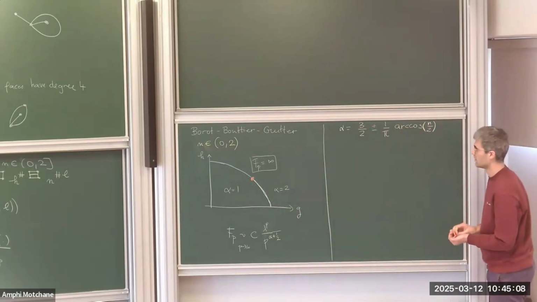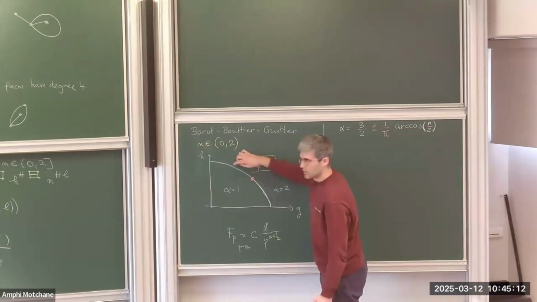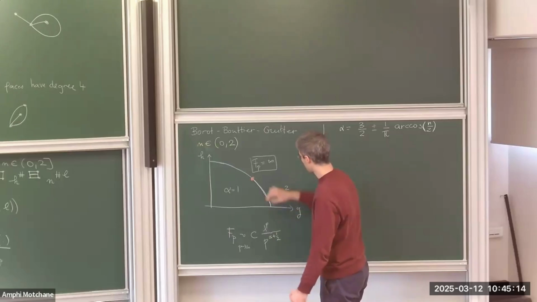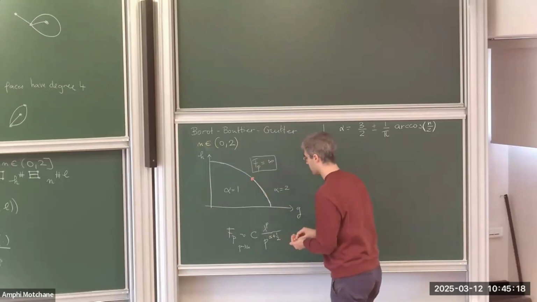So it's related to n. It's kind of uniform over the whole blue line, and changes when reaching this blue point.